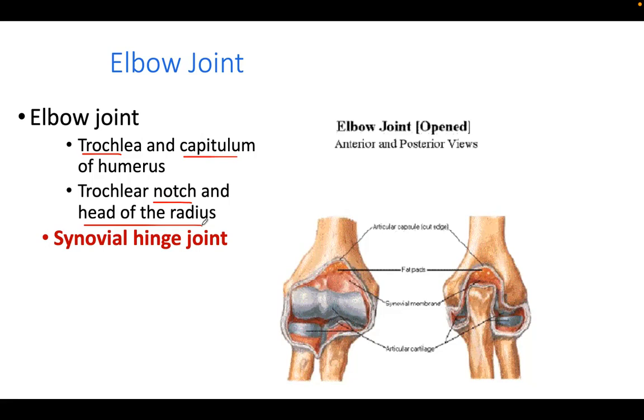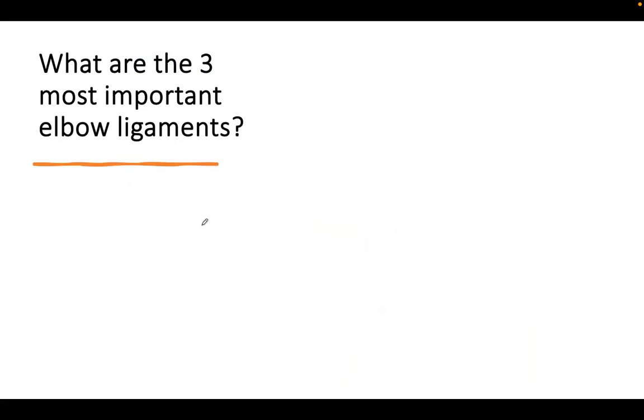Now, everyone must memorize this. Of all of the ligaments involved in the elbow, what are the three most important ligaments? These are the ones that are usually injured in trauma and in sports-related events.